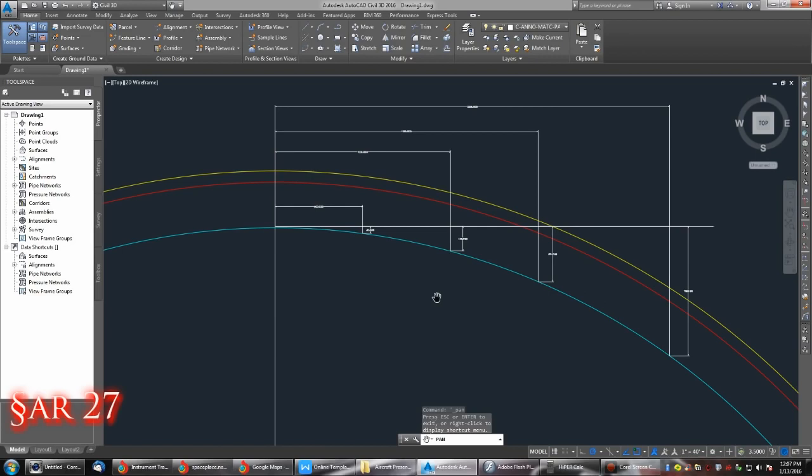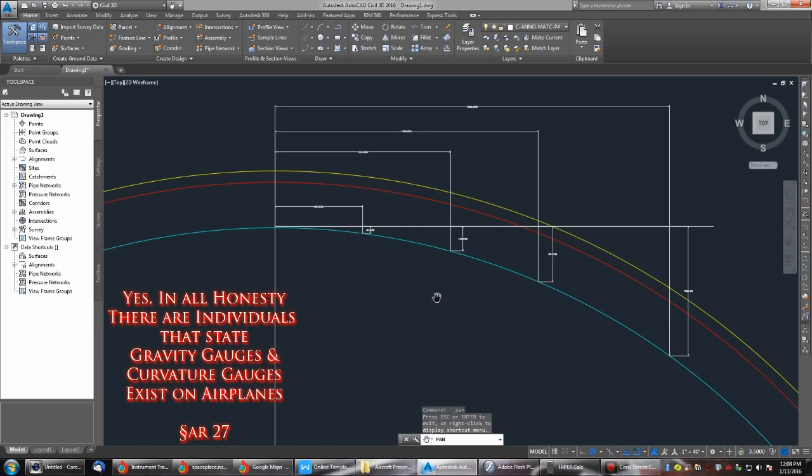Now, what happens is these arguments that are presented give us some crazy ideas, and they give us some crazy false data that gravity has a big play with this. And really, they say things like that there's a gravity gauge in the airplane cockpit, that there's also a curvature gauge in an airplane cockpit.